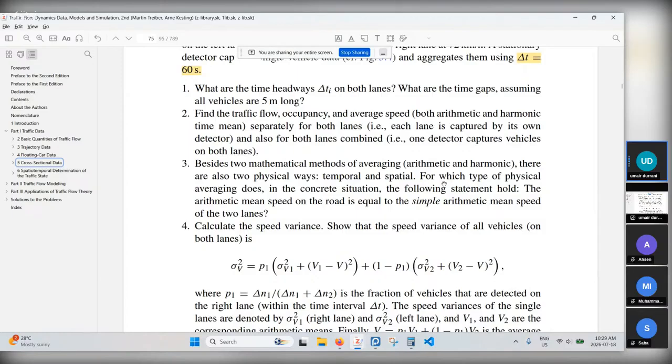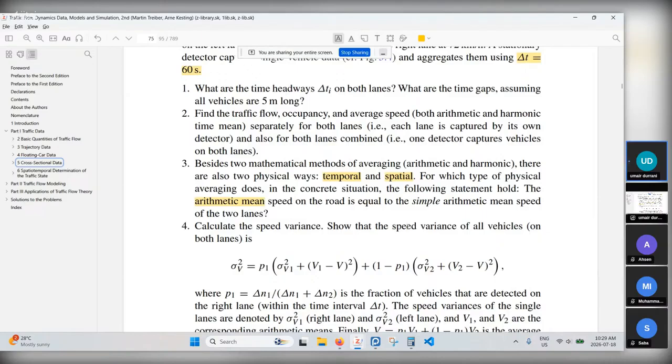If you recall from our previous discussions across the chapters, we know that there are different ways to estimate speeds. There is a temporal speed, there is a spatial speed, but there's also the arithmetic mean speed, and there's also the harmonic mean speed.